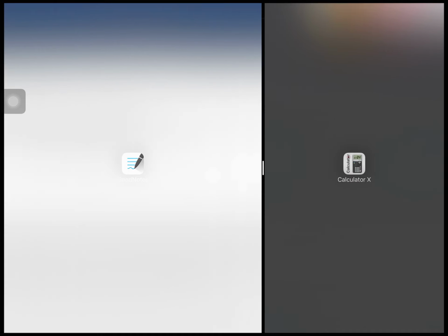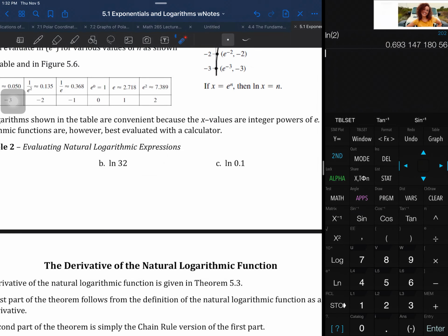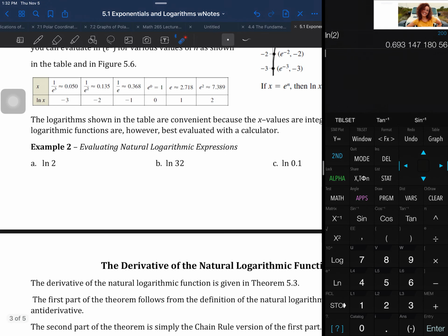Alright, so we'll minimize this for now. And so we're going to write here, this is approximately 0.6931.